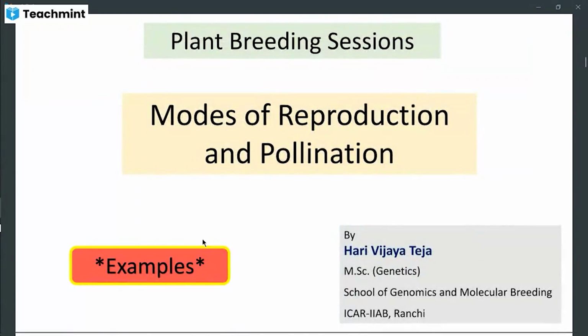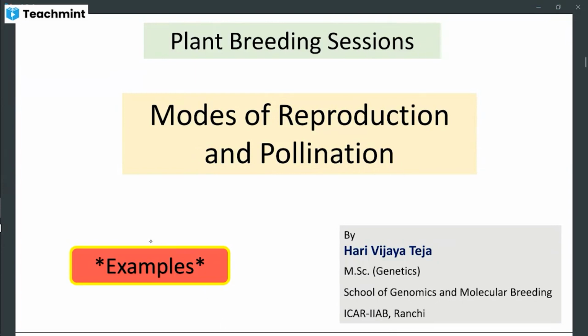One thing I want to remind you in this modes of reproduction and pollination chapter is that the most important thing is the examples. You need to remember all the examples of the crops along with their scientific names. Please remember this.